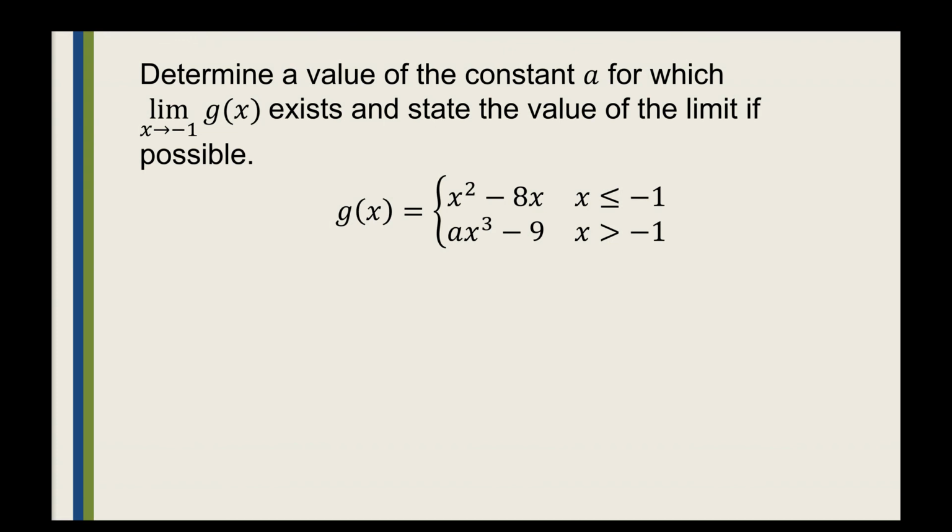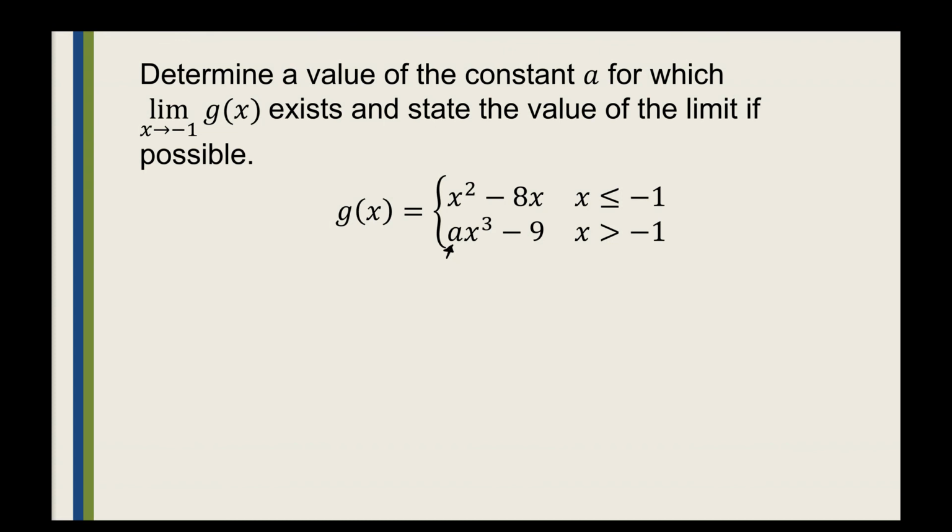So g of x is defined to be x squared minus 8x when x is less than or equal to -1, but it's defined to be ax cubed minus 9 when x is greater than -1. So we're asked to find a value for this constant a that forces the limit as x approaches -1 of g of x to exist.